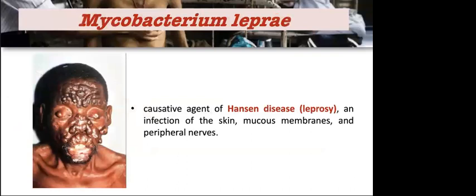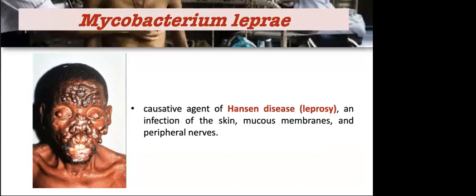And of course, we have Mycobacterium leprae, the causative agent of Hansen's disease or leprosy. Leprosy is an infection of the skin, mucous membrane, and peripheral nerves. The non-tuberculous Mycobacterium, M. leprae, is a close relative of Mycobacterium tuberculosis.